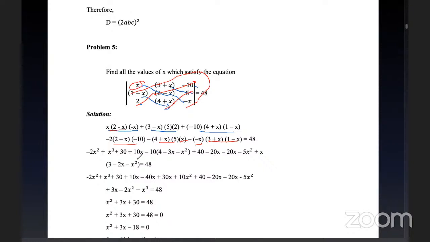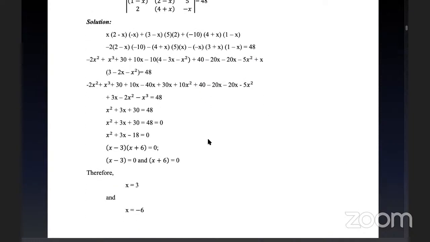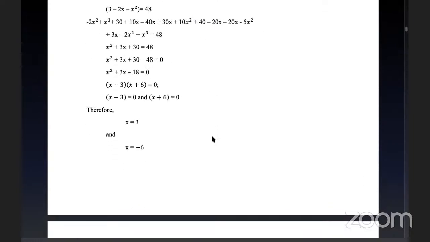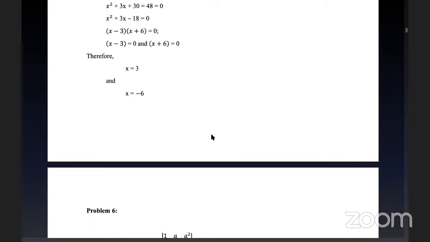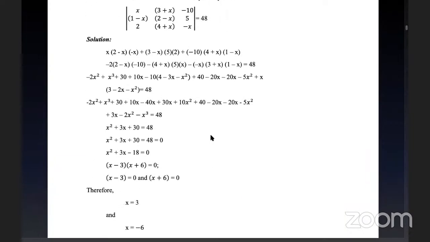Okay, so kapag naayos na ninyo to, you can combine like terms and makancel mo yung mga terms, or you can actually simplify. Okay, burahin ko na lang to. Okay, so there are actually 2 values of x. Yan, 3 and negative 6.